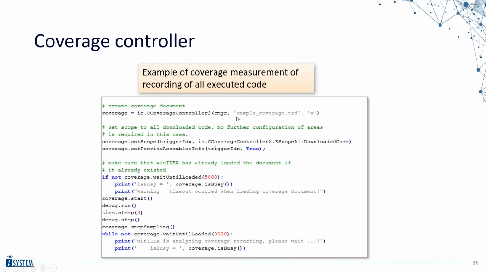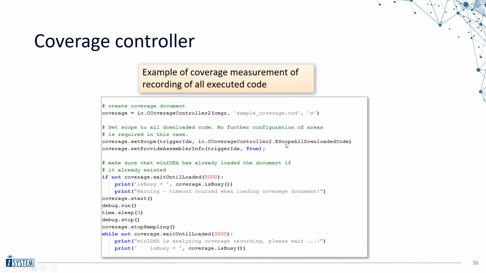We need to define the so-called trace file. This trace file contains all the trace configuration, and also the measurement of the tracing and coverage measurement. We don't need to create a trace controller. Whenever we create just a coverage controller, it means the script will automatically generate a derived trace controller.